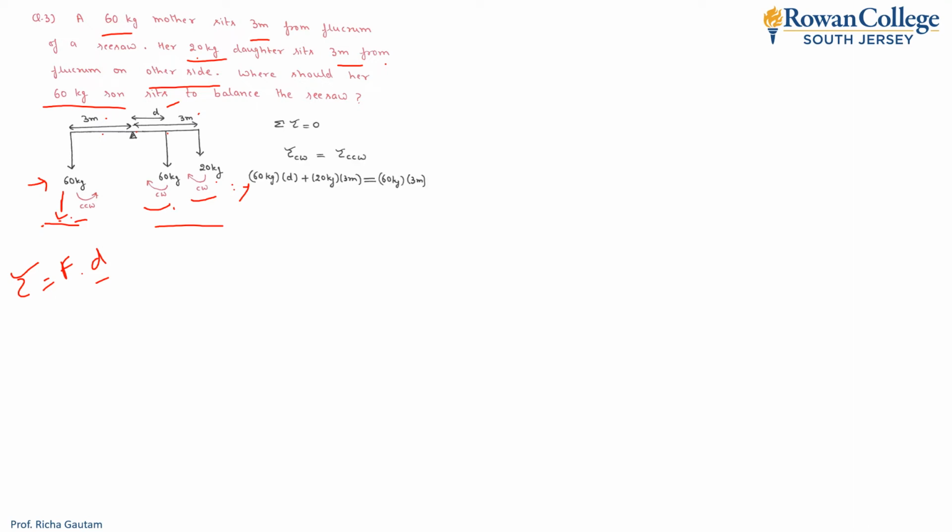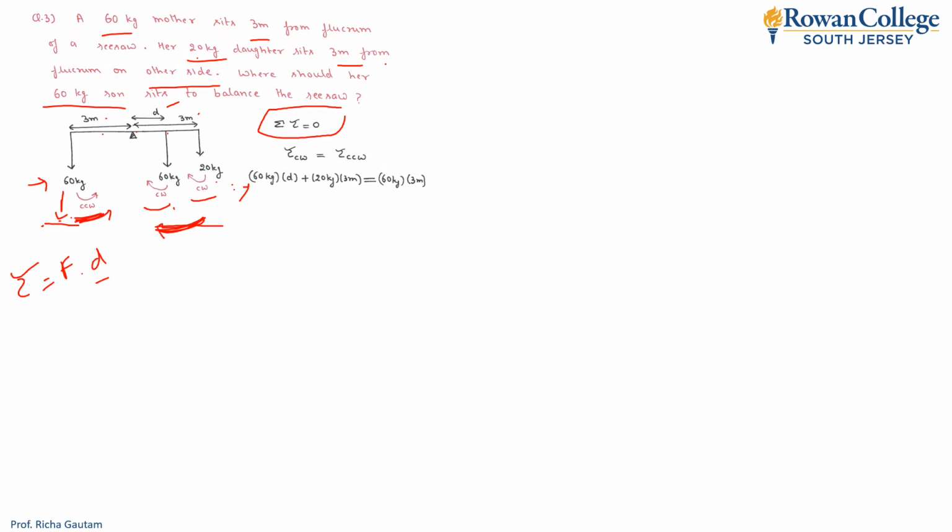So we are going to apply the equation that the summation of torque will be 0. In a balanced situation, the total sum of torque will be 0, and whatever your total counterclockwise torque is on this side will be equal to the total clockwise torque on this side.